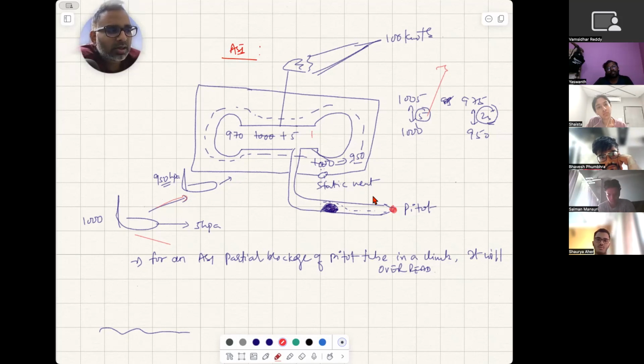But the whole game of partial blockages is different. How total blockages behave, or the other static port, if the static port is blocked, depends on how the pitot is behaving. Understood? Am I clear? But the outcomes of both phenomena are similar.